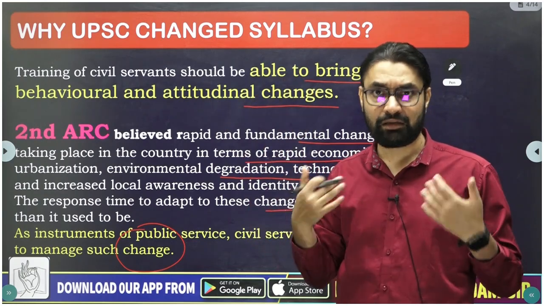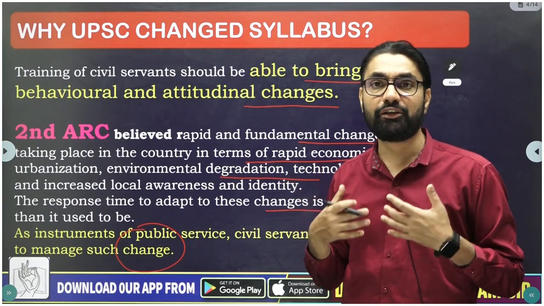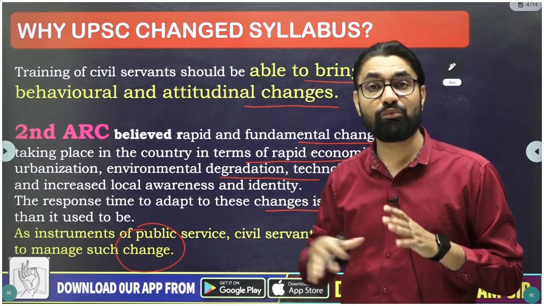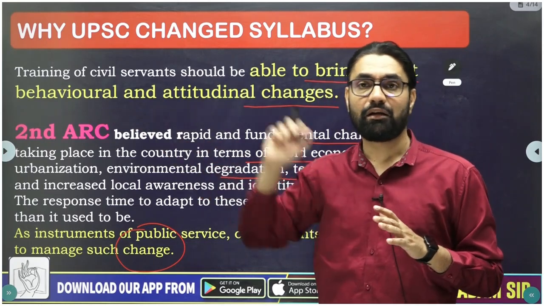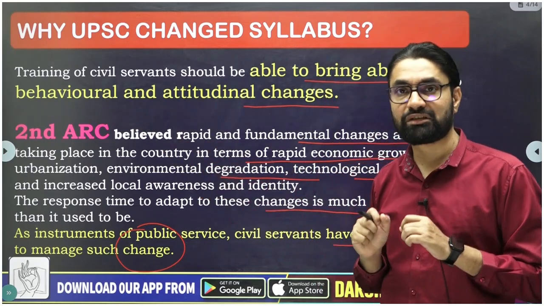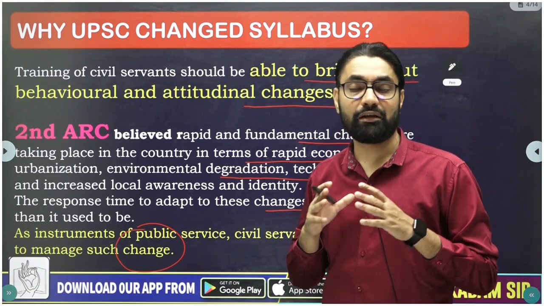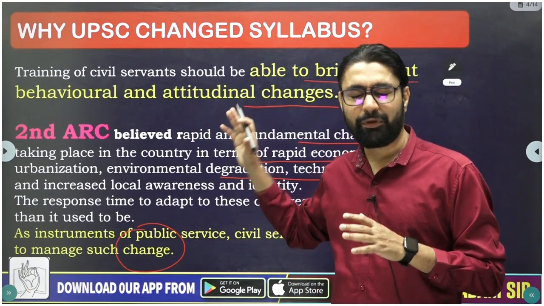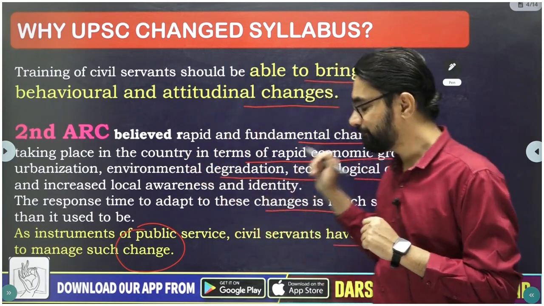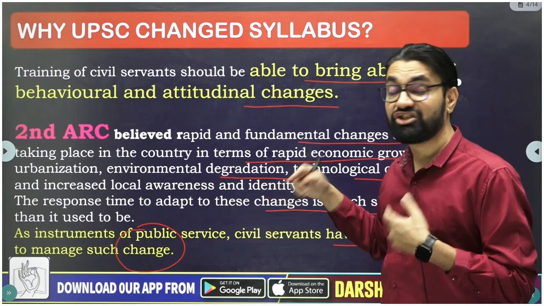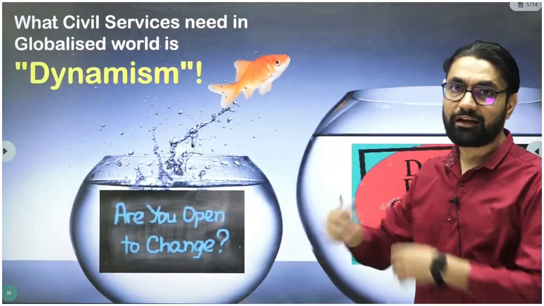Get inputs from all the angles, and keep building your database. That will be more productive considering what the UPSC exam expects than आपके जो static books related जो content है. Yes, static book related content is necessary. It's 50% of the part, but the other 50% is this dynamic content that UPSC wants, and they want this change-oriented, action-oriented bureaucracy. So you need to be that kind of bureaucrat.